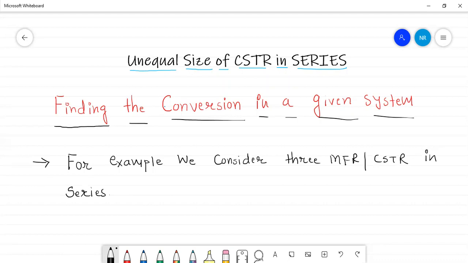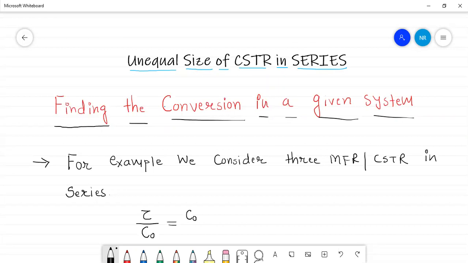So we can write down the equation like this also. The performance equation of one reactor, MFR, is tau divided by C0, space time divided by initial concentration, is equal to... I write the equation in terms of concentration, not conversion, so convert conversion into concentration.